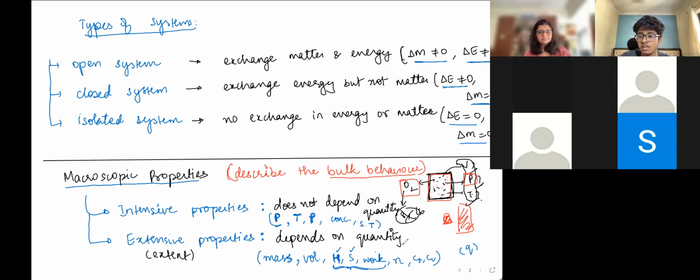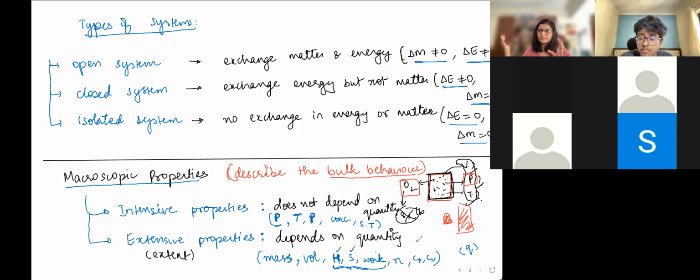Ma'am, what did you write after writing rho? Concentration. And after that, surface tension. What does N and Cv stand for? N is the number of moles. Wherever you come across N, it's basically the number of moles.